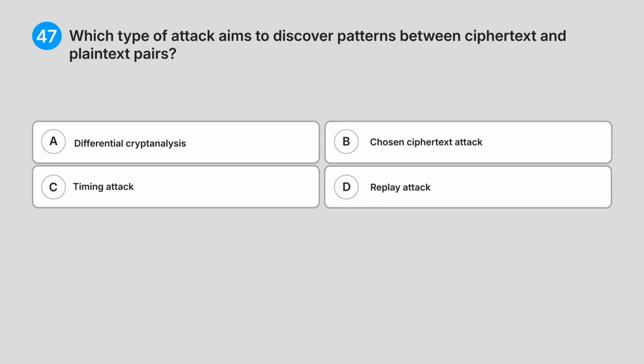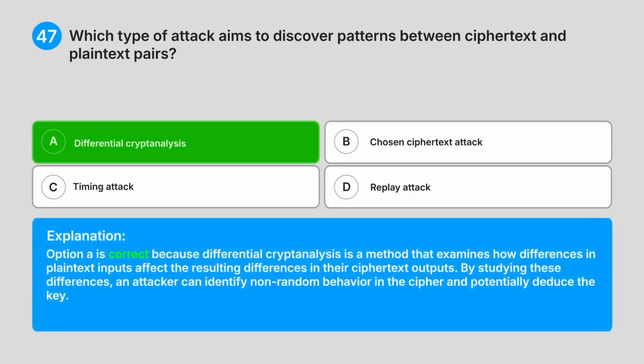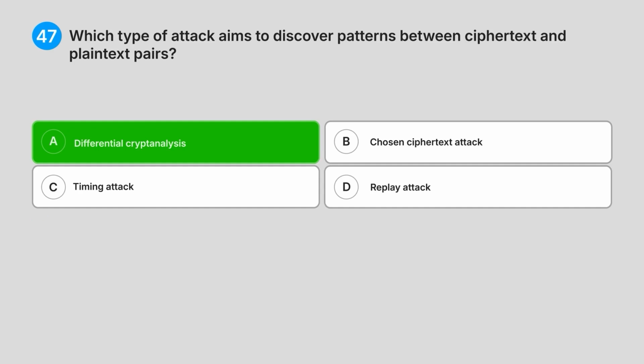Correct answer, A. Differential cryptanalysis. Explanation. Option A is correct because differential cryptanalysis is a method that examines how differences in plaintext inputs affect the resulting differences in their ciphertext outputs. By studying these differences, an attacker can identify non-random behavior in the cipher and potentially deduce the key.